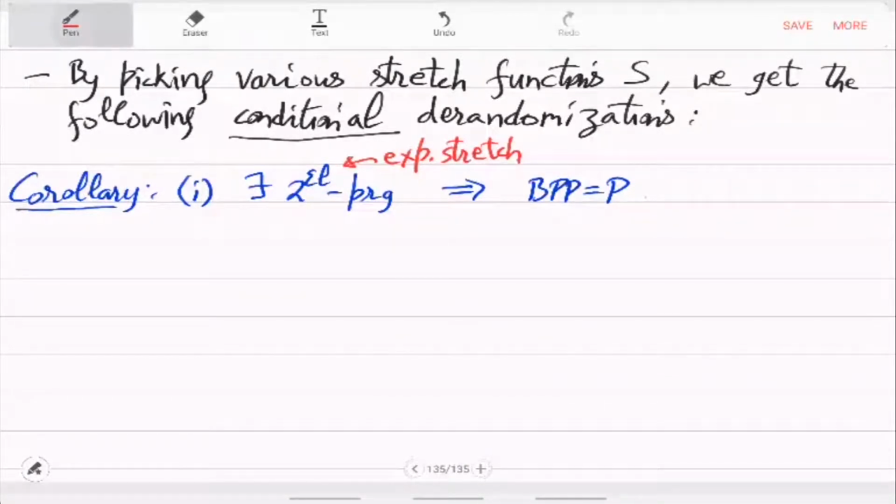Which means that L you are stretching to 2 raised to order L. Okay, this is the maximum you can hope. You cannot do more than this. So if you can really construct optimal stretch PRG, then you can solve any randomized algorithm. You can make it deterministic, polynomial time.